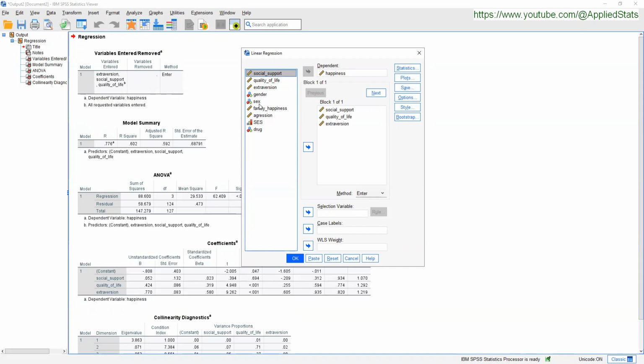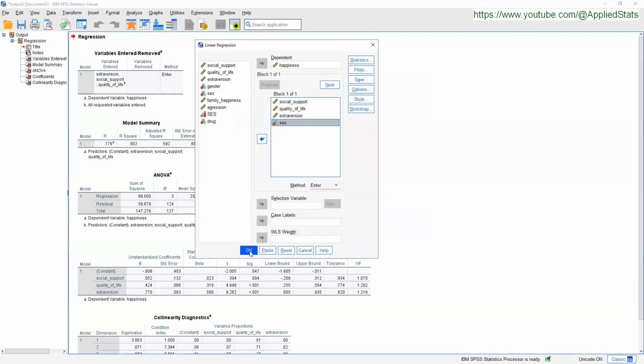I have one here, sex. This one is 0 for female and 1 for male. So I can include it in the regression analysis. You may have different types of coding, such as 1, 2, but the easiest way when it comes to interpreting your results is to use a dummy coded variable, 0, 1.